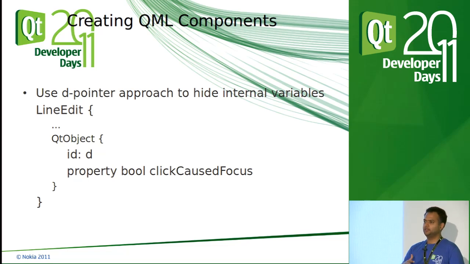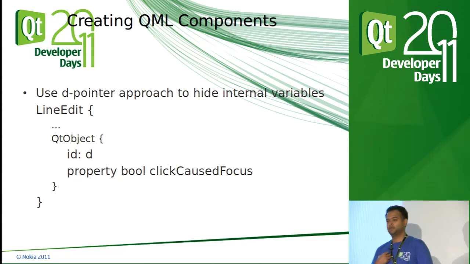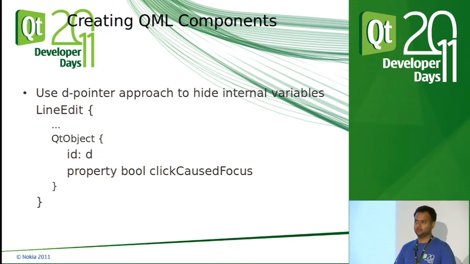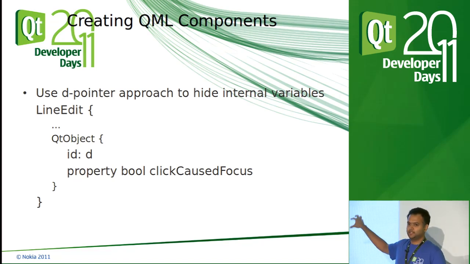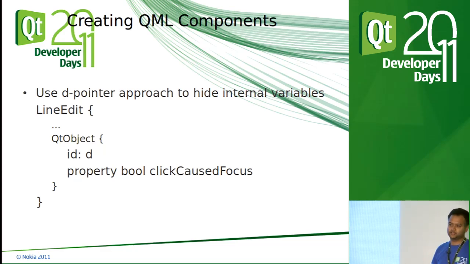One suggestion I have seen is to prefix all your internal variables using an underscore. So you would say property bool _clickedOutsideFocus. That works too, whichever you prefer. The only difference is underscore properties are still accessible from the users of your component. If you use the d-pointer approach to hide all your private variables one level deep, they are not accessible.